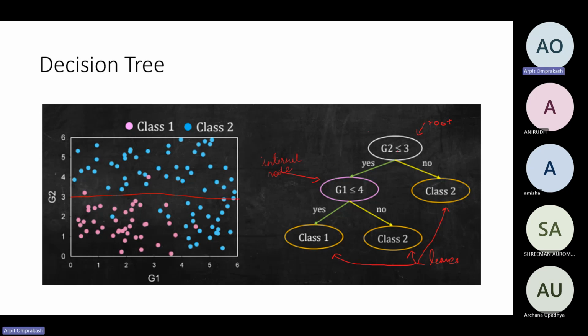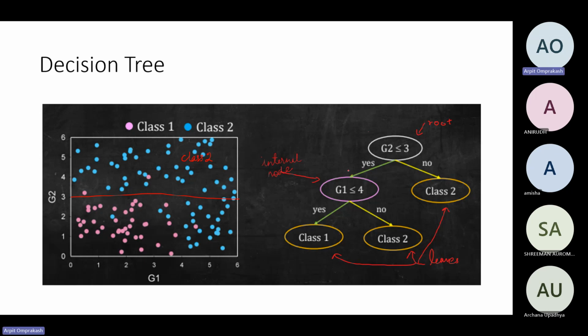If the value of our point is less than or equal to 3, and that is true, then we come to here. For any point greater than 3, the answer will be no and we'll go here. The algorithm has decided that almost all the points in this part are class 2. So it has assigned this region as class 2.